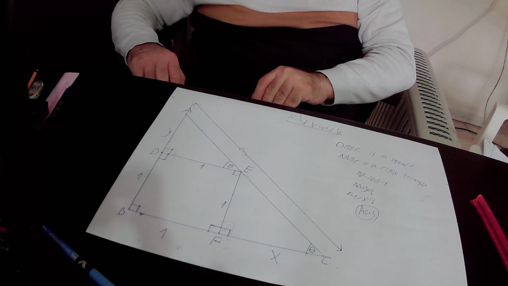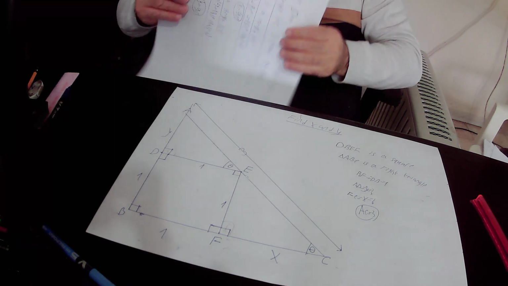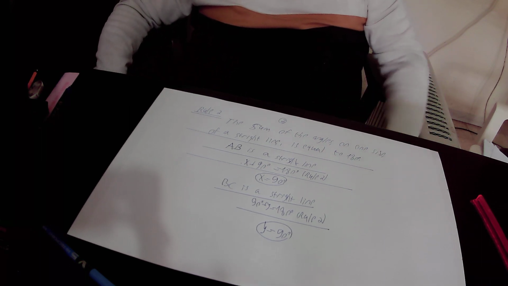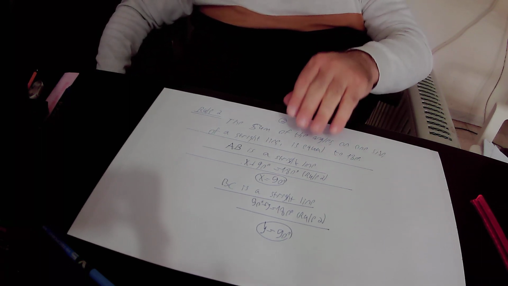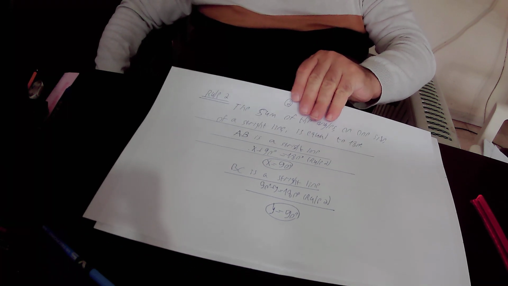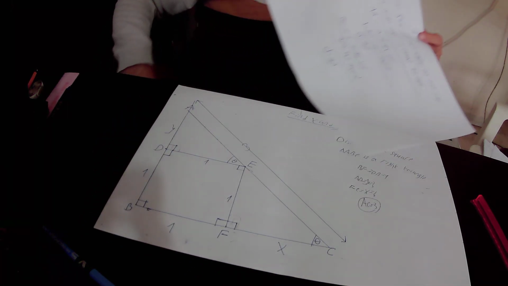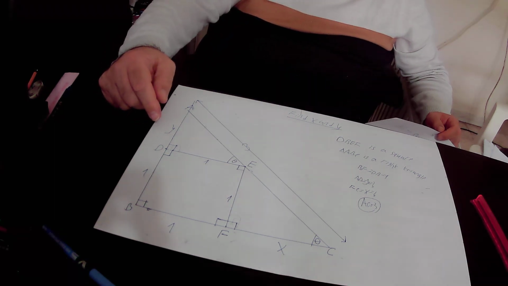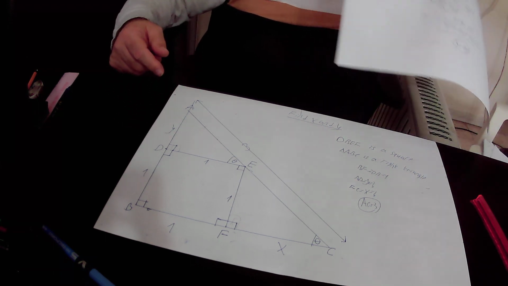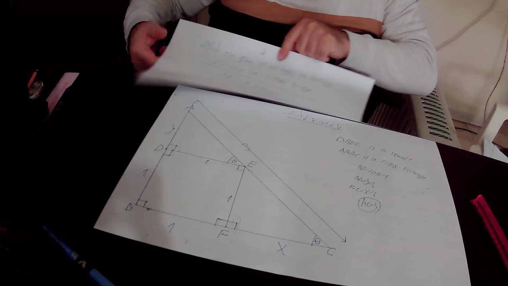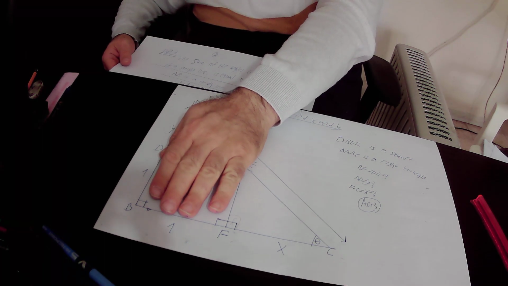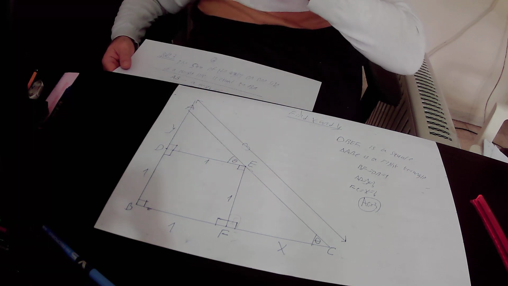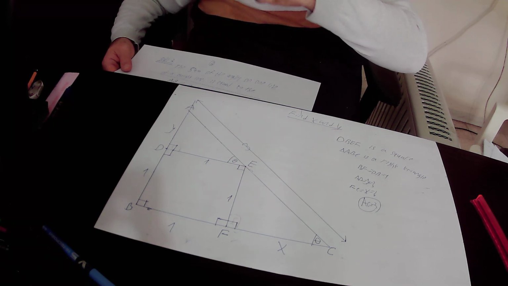Then I presented to you rule number 2. According to rule number 2, the sum of the angles on one side of a straight line is equal to 180 degrees. Here, AB is one side of the right triangle ABC. Therefore, it is a straight line. If we focus on this side of the straight line AB at point D, then the sum of the angles at this point must be equal to 180 degrees.